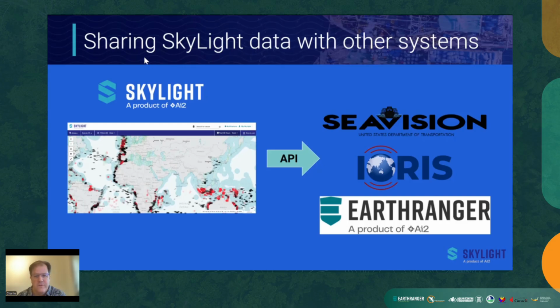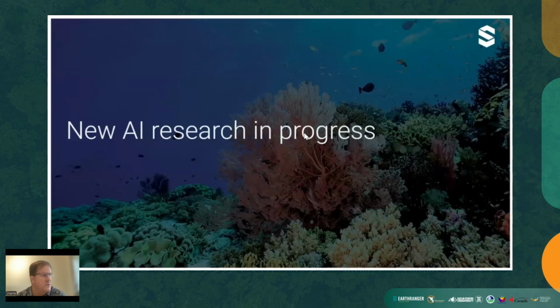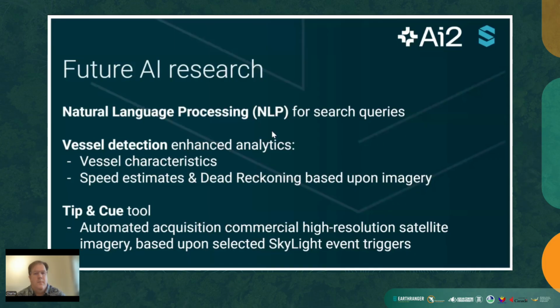So in both CVision and IORIS, as well as EarthRanger, you can easily see a feed of the Skylight data. And then if you needed to, you can go for a deep dive into Skylight. And that's just a snapshot of how we feed the data into EarthRanger. Now I'll talk with the time remaining about the new areas of research that we're working on.